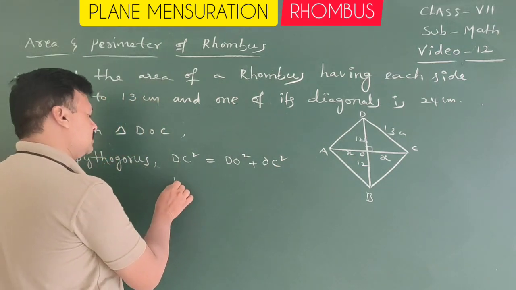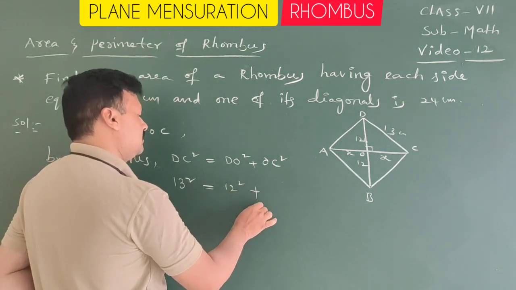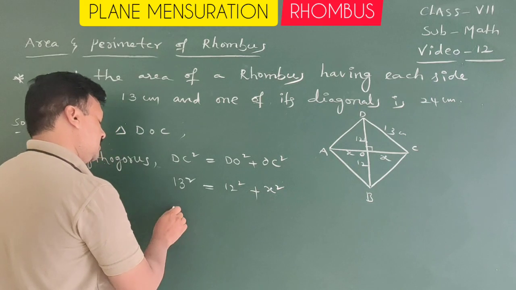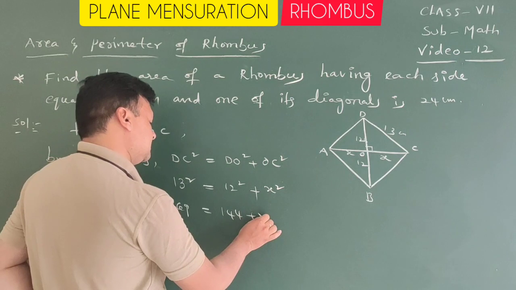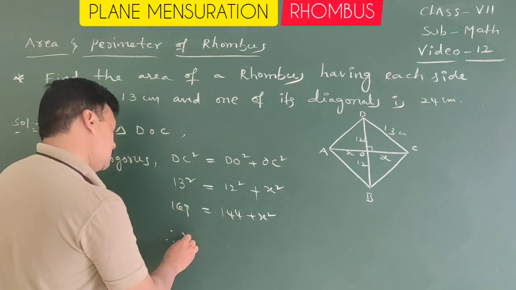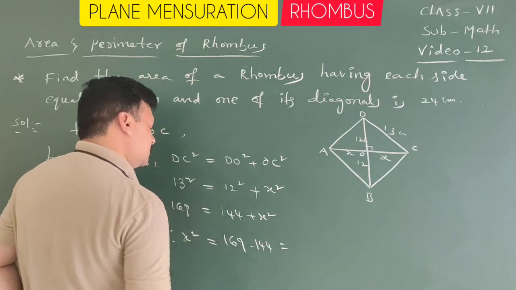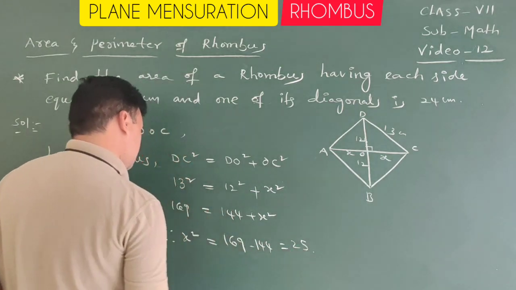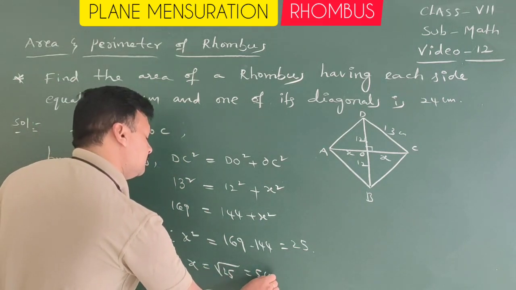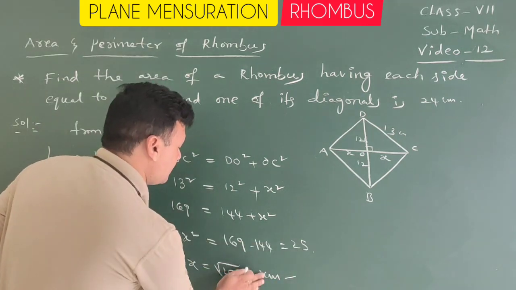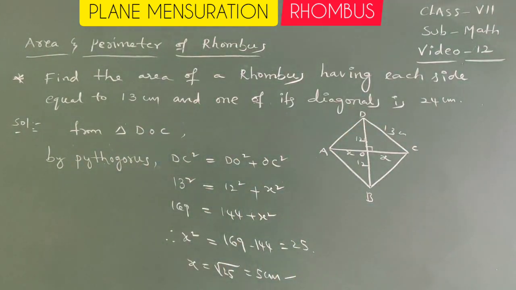So DC equal to 13 square, DO equal to 12 square plus x square. 169 equals 144 plus x square. Therefore x square equals 169 minus 144, which is 25. So x is the square root of 25, that is 5 centimeters.